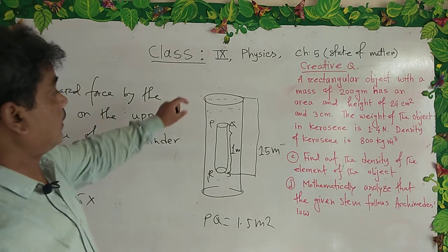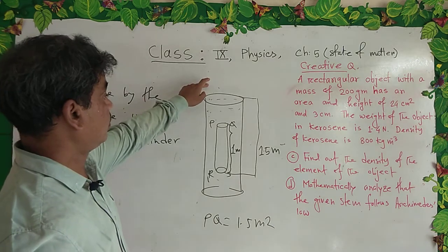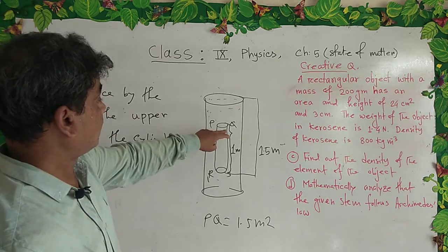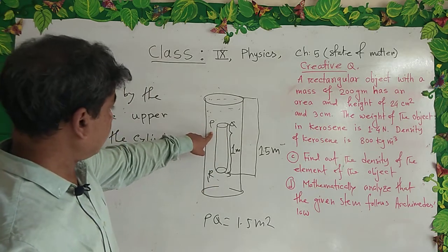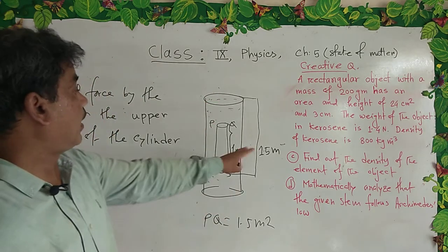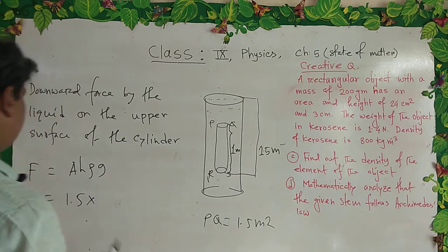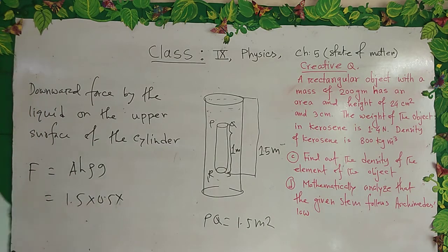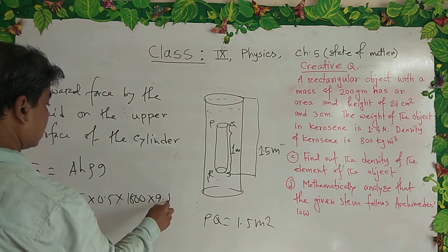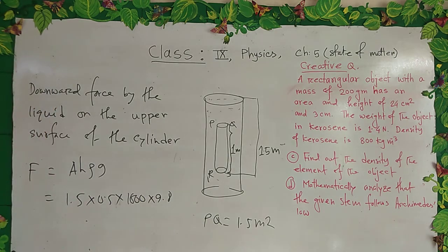You have to find out the downward force on the upper surface PQ, that is from this portion to this portion, and it will be 1.5 minus 1, that is 0.5 meter, and you know the density of water is 1000 kg per cubic meter and g is 9.8, and you will find out the downward force by the liquid on the upper surface PQ of the cylinder.